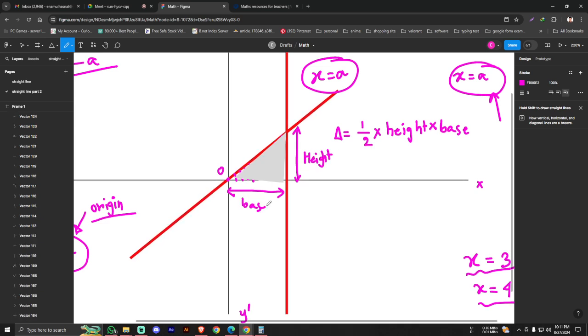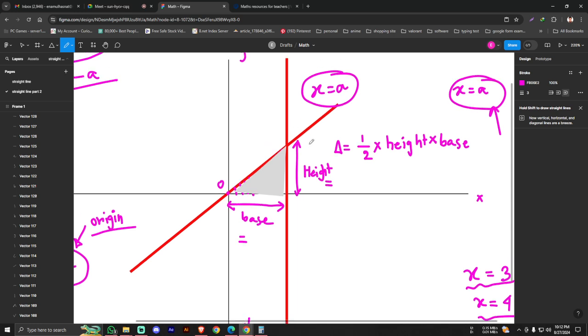Now we need some kind of value to represent this formula. So what should be the height and the base? Height times base times the half.